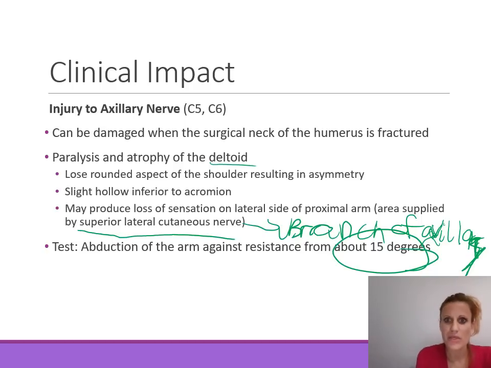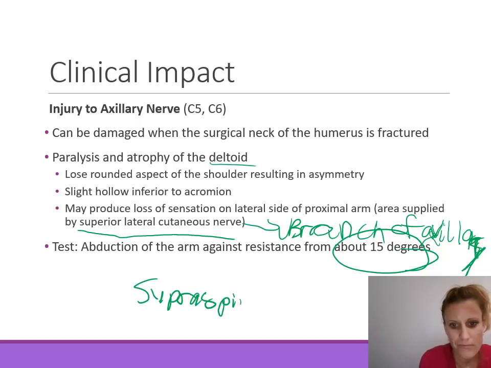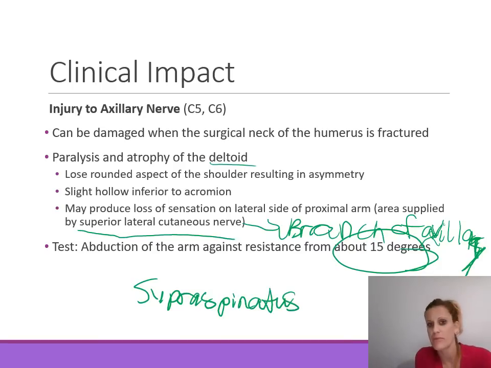The reason that we start at about 15 degrees is because the supraspinatus, which remember is one of the rotator cuff muscles, will help out with that first 15 degrees. So by starting at about 15 degrees, you're relying solely on the muscles innervated by the axillary nerve.